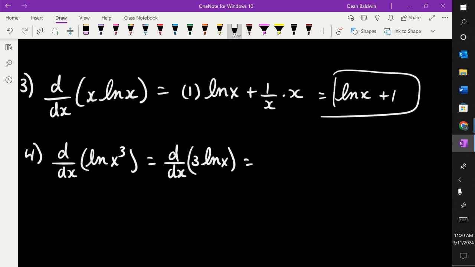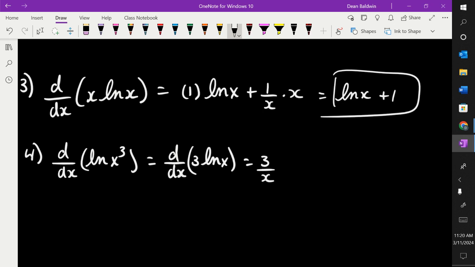Do you care about the constant when you're doing a derivative? No, so I can just put the 3 there and then do the derivative of the natural log of x. What's the derivative of the natural log of x? 1 over x. So really I could just write 3 over x.